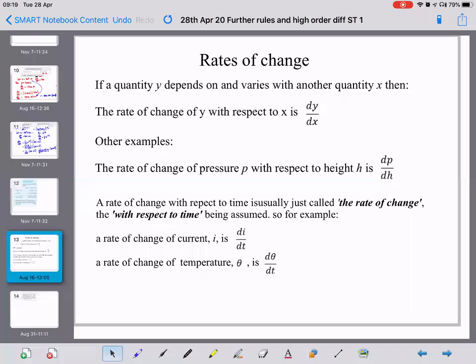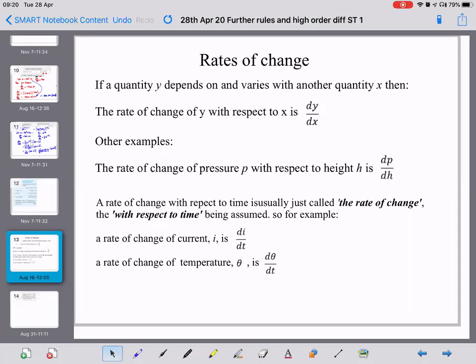If you have a quantity y that depends on and varies with another quantity x, then the rate of change of y with respect to x is the differential dy by dx. Other examples: the rate of change of pressure with respect to height in a tank would be dp by dh.